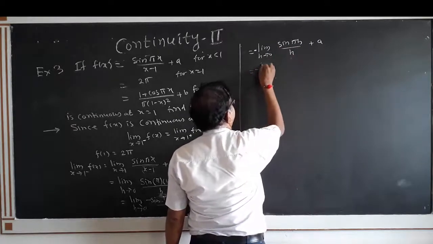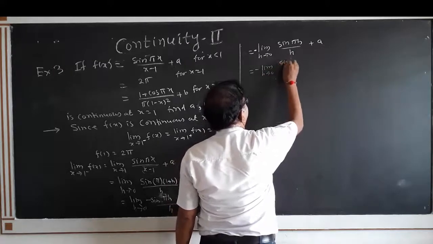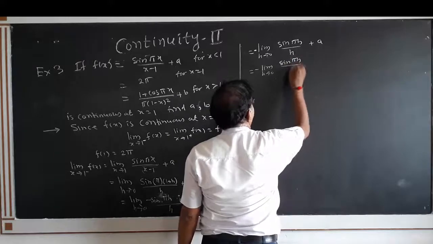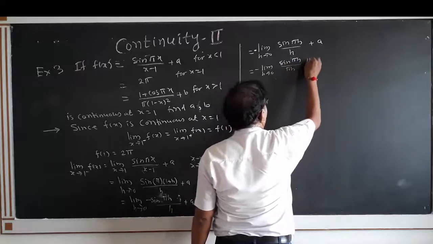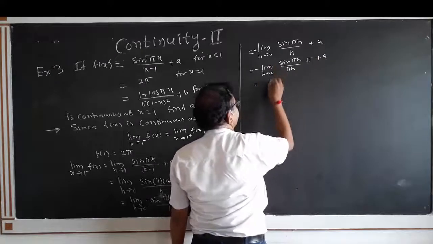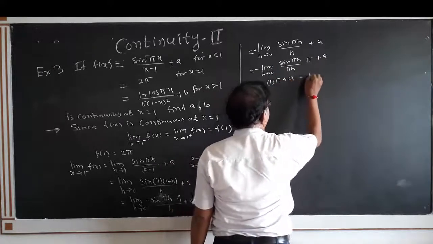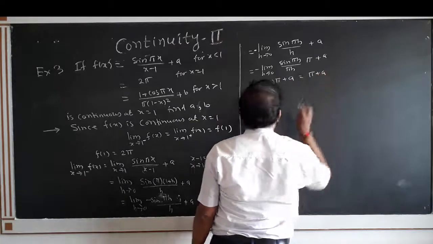Therefore that can be written as minus limit h tends to 0 sine of pi h divided by pi h multiplied by pi plus a. This limit is 1 into pi plus a. That is nothing but pi plus a.